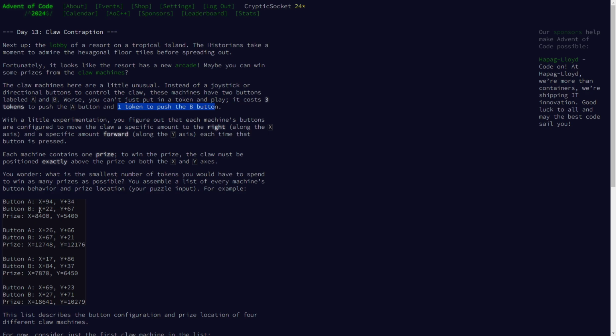Here they've given us an example of 4 such situations. In the first one, by pressing A some number of times and then B some number of times, you should be able to reach this position. So these are basically equations in 2 variables.